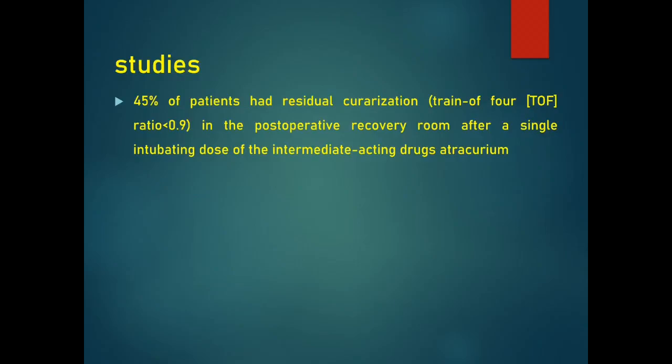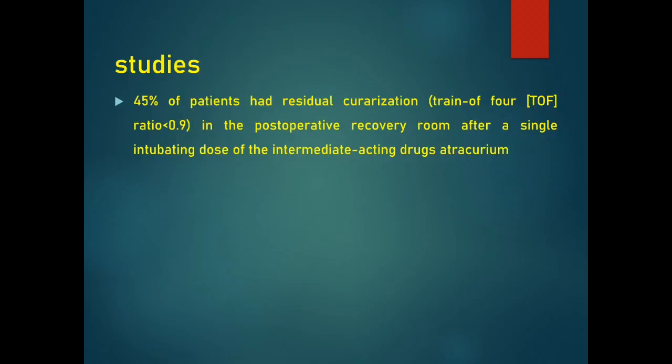Now, studies have shown that in 45% of the patients, they had residual curarization, or the train of 4 ratio was less than 0.9 in the postoperative recovery room after a single intubating dose of intermediate-acting drugs such as atracurium.